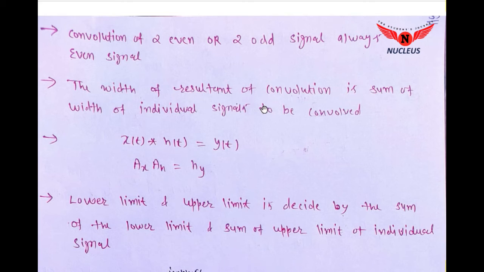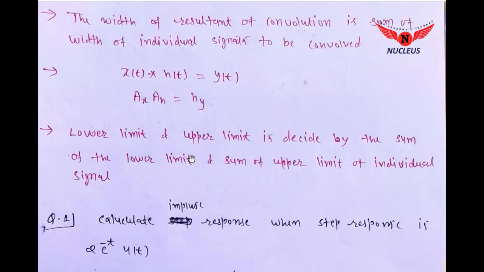Suppose the width of the first function is t1 and the width of the second function is t2, so the total width will be t1 plus t2. And the next point: x(t) convolution h(t) is equal to y(t), so the area of x(t) times the area of h(t) is equal to the area of y(t), so Ax times Ah equals Ay, where A is the area.